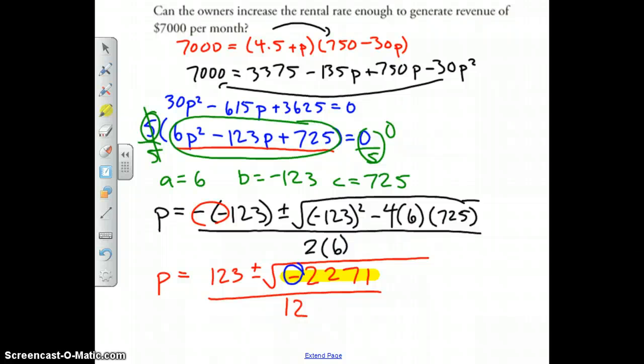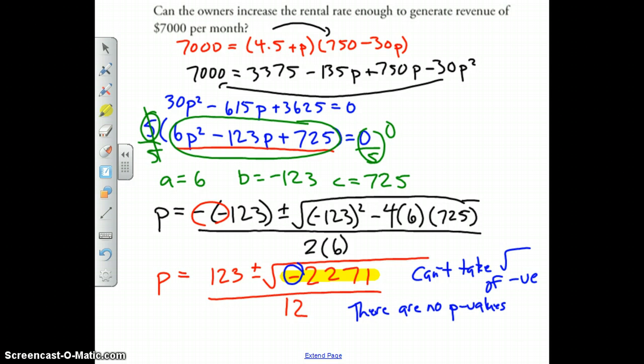Here we can't take the square root of a negative. So again, there are no p-values that satisfy this equation.